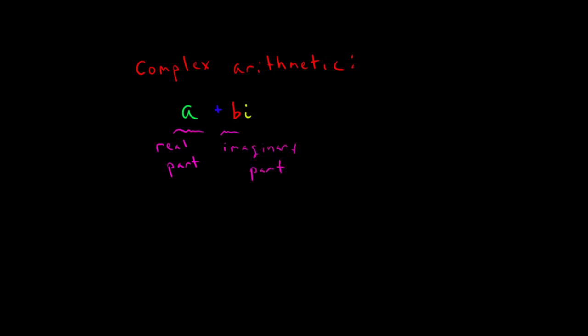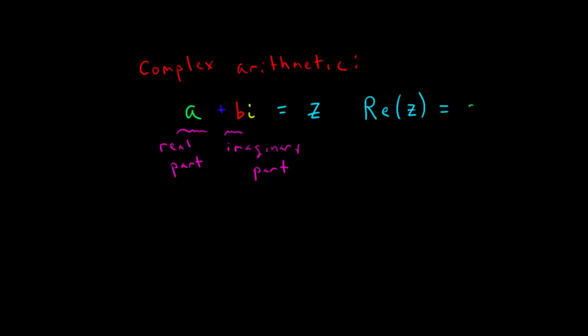And we set this equal to our variable z, which we often use to represent a complex number. And we call the real part of z the part that's equal to a, and the imaginary part of z is equal to b. And that's how we write it.